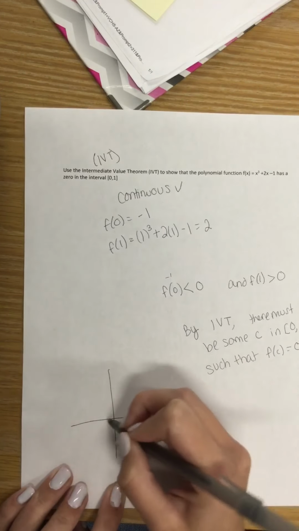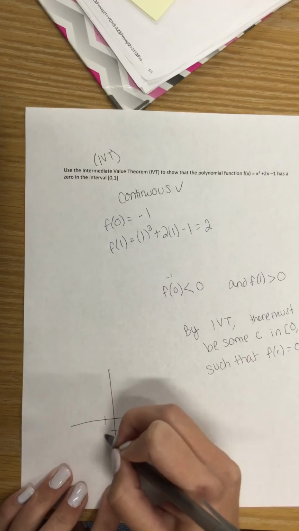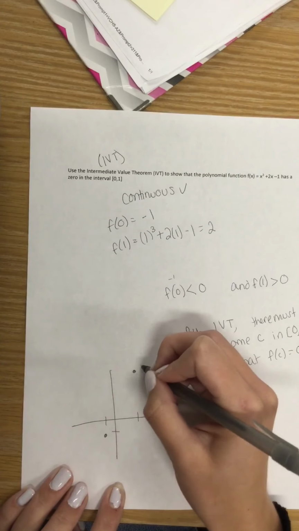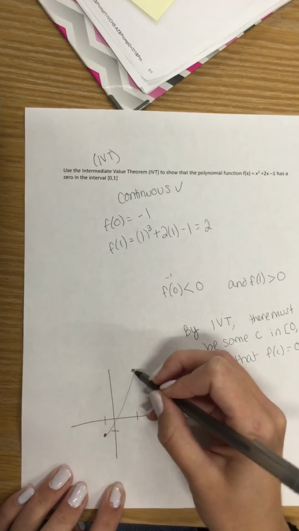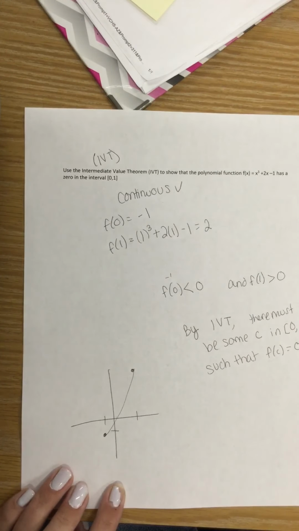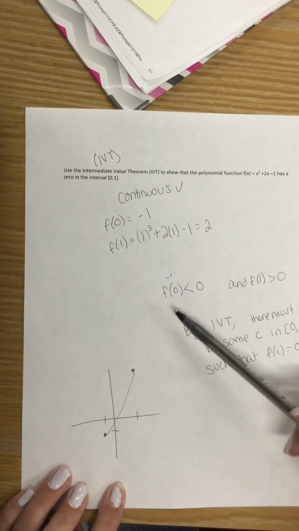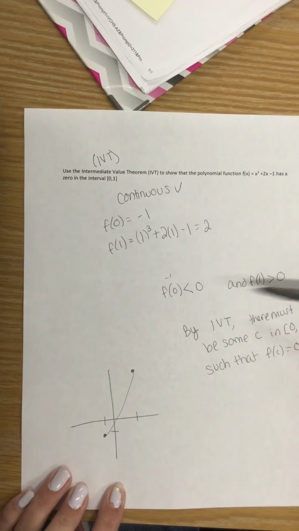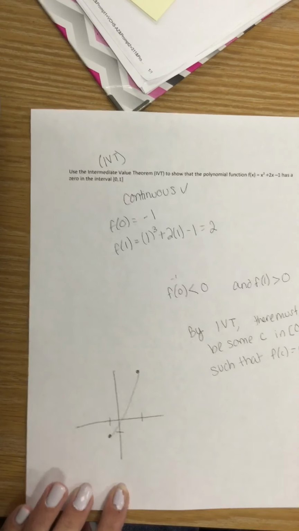So it's saying, if we have this point 0, negative 1, and then we have the point 1, 2, we have to cross through 0 at some point. That's all that we said. So to write out the formal proof, we're saying as long as our f of 0 is less than 0, our f of 1 is greater than 0, so there has to be a middle point at 0 at some point.